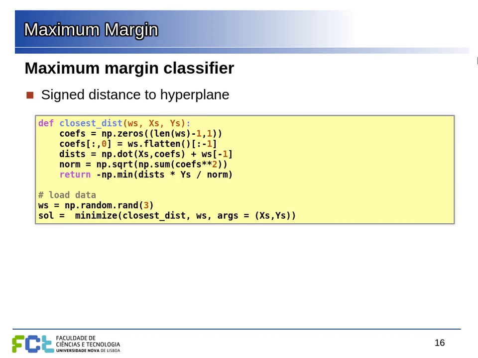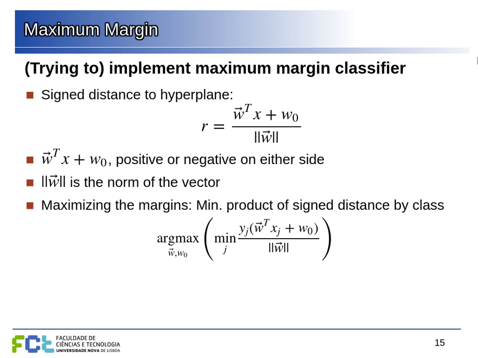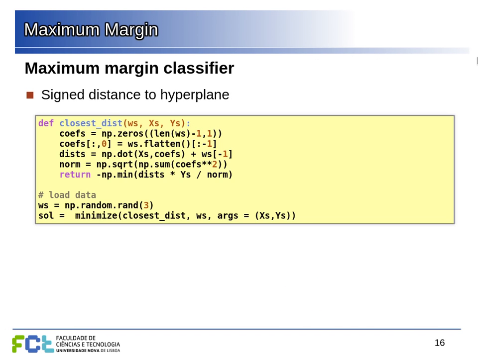This X here is all the data, the training data. So this is a matrix with all our training set. Basically this is just the computation of this part here, and then we compute the minimum value for all these distances and return the minimum value.